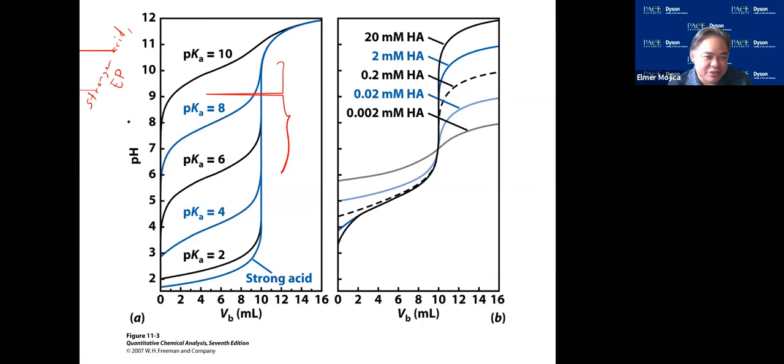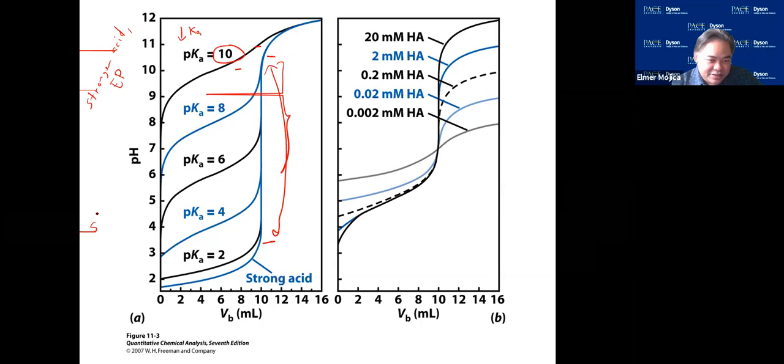What can you say about the equivalence point the stronger the acid is? Look at this. So the strong acid has this from here going here. The weakest acid would just have it here. Why is this the weakest acid? Because that's the one that has the lowest Ka. What's the term that we use here? Can we say the stronger the acid, the wider is the region for the equivalence point?